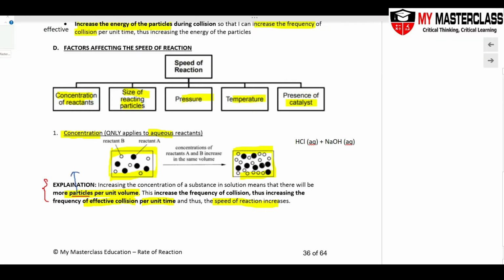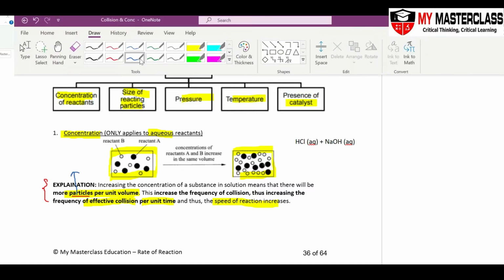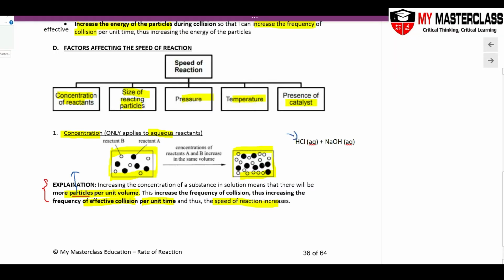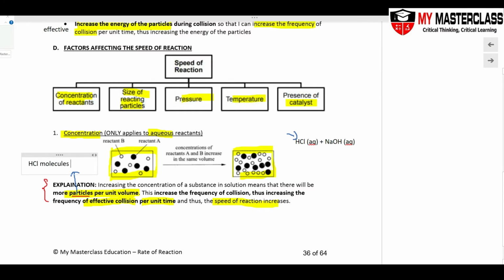The particles in this example will be HCl molecules and NaOH molecules. Please do not write particles. Be specific pertaining to the question.